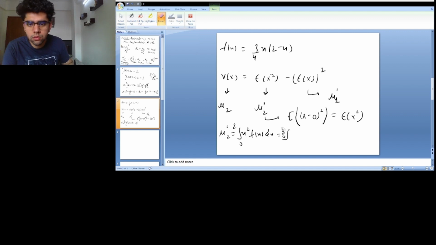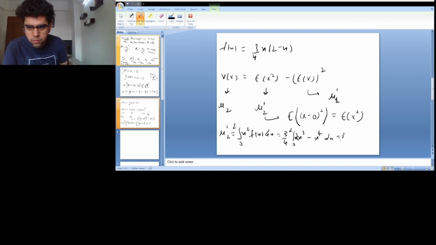Just use my eraser. Zero to 2. Now multiplying this, x cube, 2x cube minus, I have x square here and I also had 1x earlier, so this becomes minus x to the power 4.